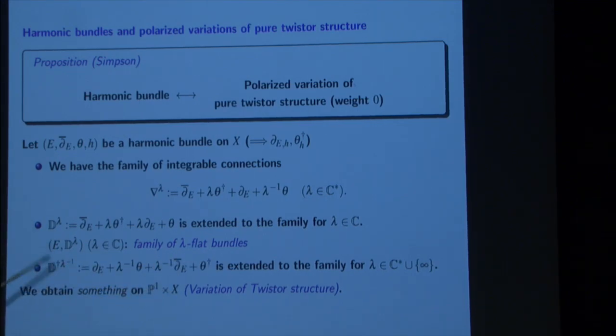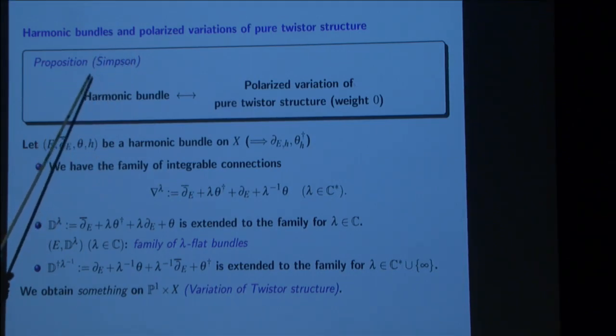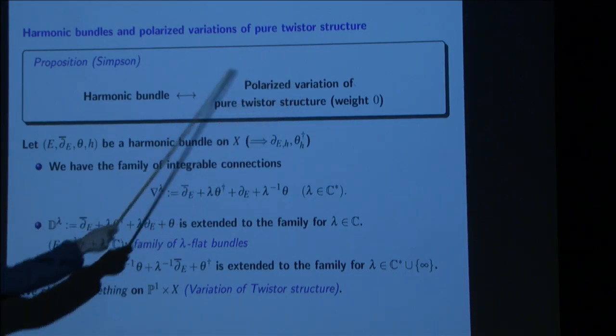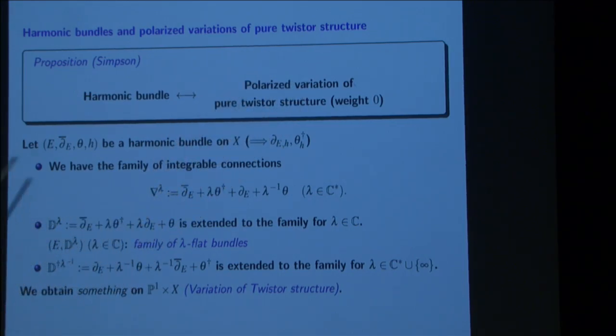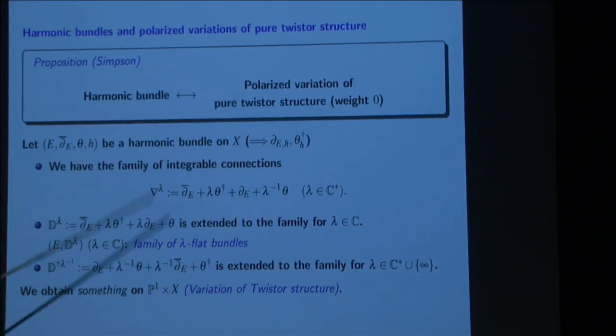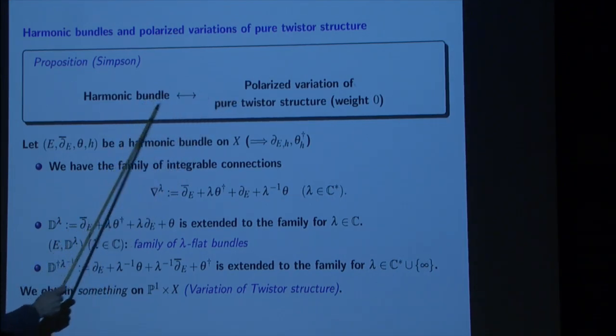And by refining this construction, Simpson obtained the equivalence of harmonic bundles and polarized variation of pure twistor structures. Let me remark, a harmonic bundle does not contain any information about weight. We can always twist weight by any integers. So if we fix some weight, we have this equivalence.